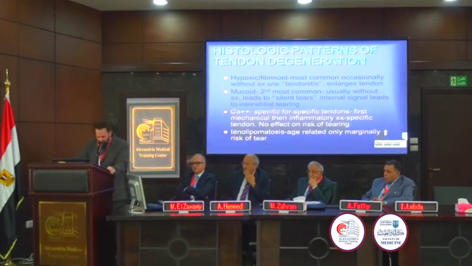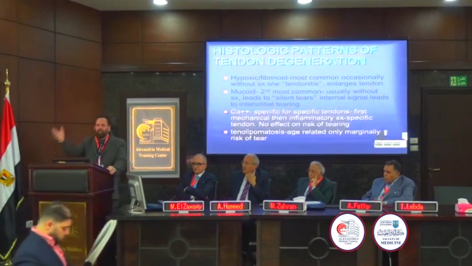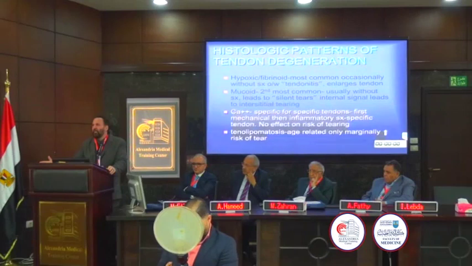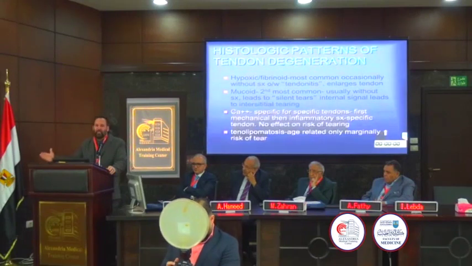Specific tendons. Now, it's thought that you go down one of these degenerative pathways. So if you go down the hypoxic pathway, you'll get a transverse tear. If you go down the mucoid pathway, you'll get a longitudinal tear. If you go down the calcific pathway, you won't get a tear.